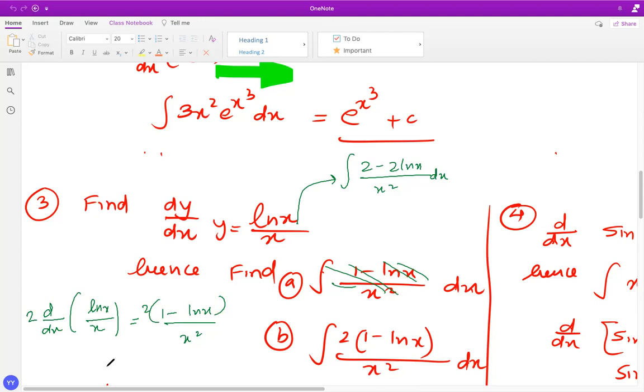So the integration of 2 times 1 minus ln x over x squared is 2 times ln x over x plus c. This is in short the antiderivative property of the function. And now let's take the proper integration properties.